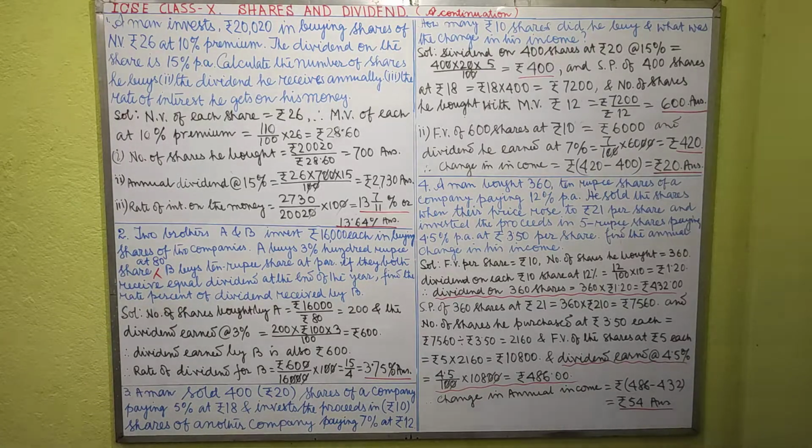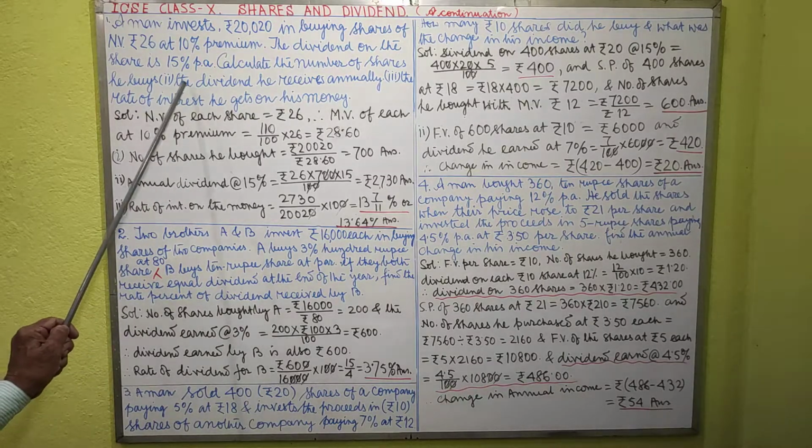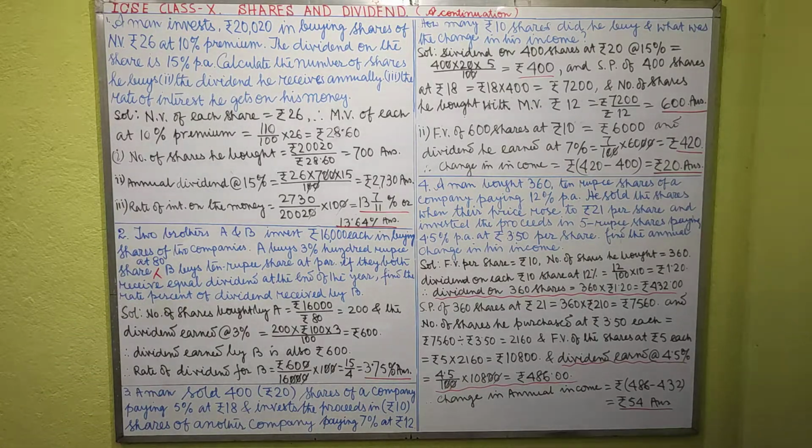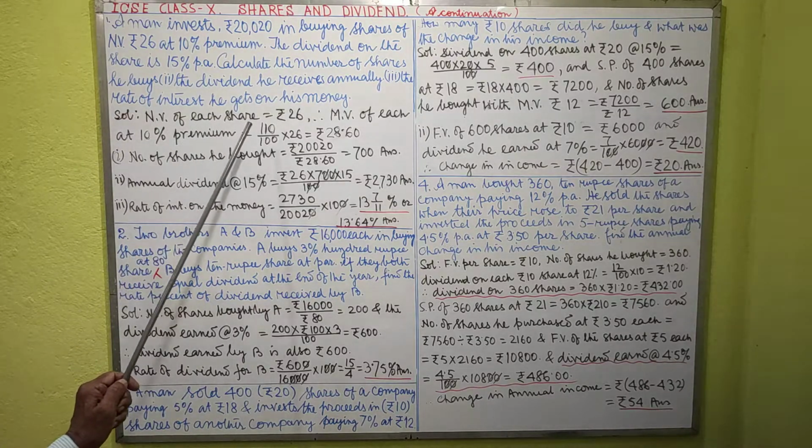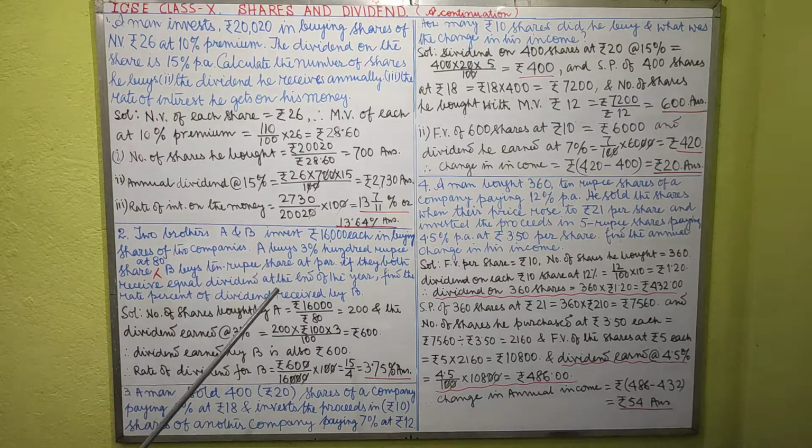The dividend on the share is 15% per annum. PA means per annum. Calculate the number of shares he buys, the dividend he receives annually, and the rate of interest he gets on his money.